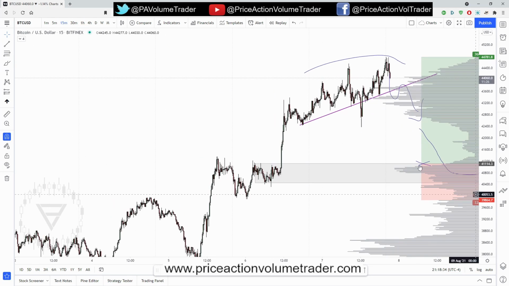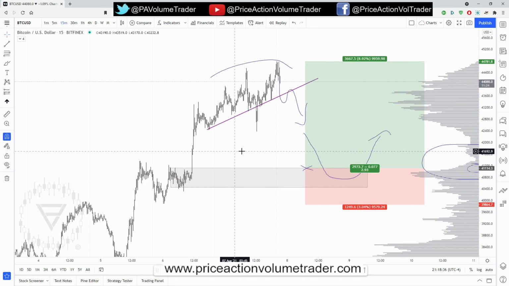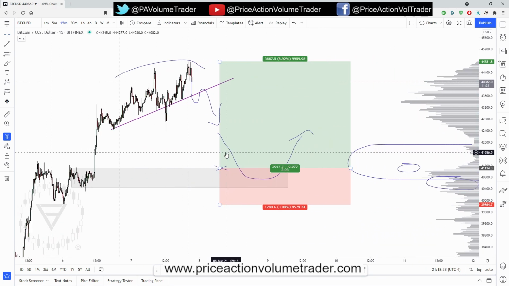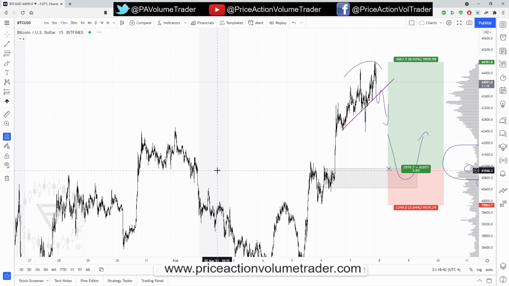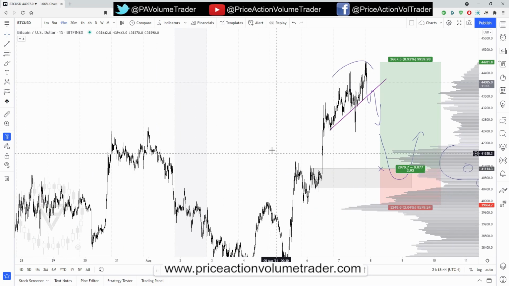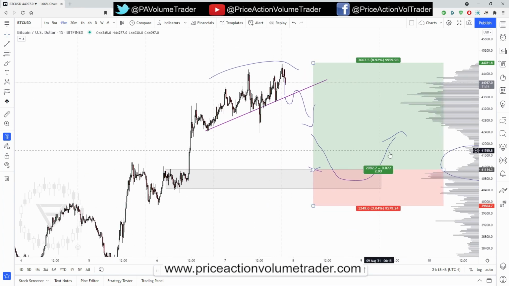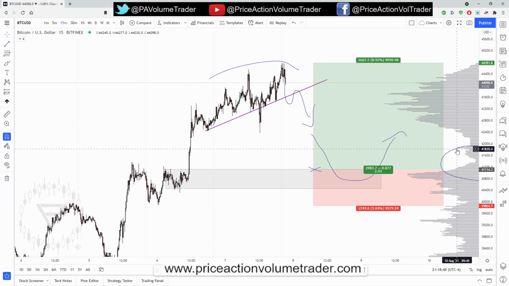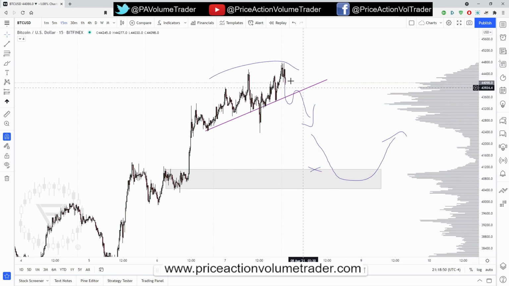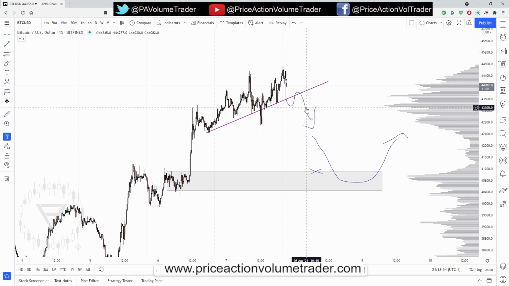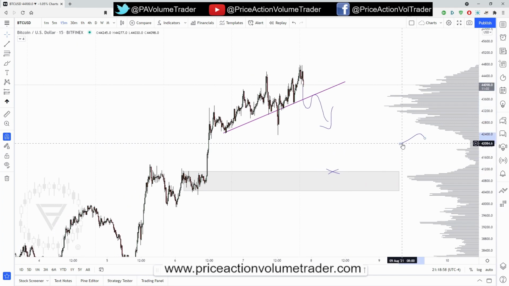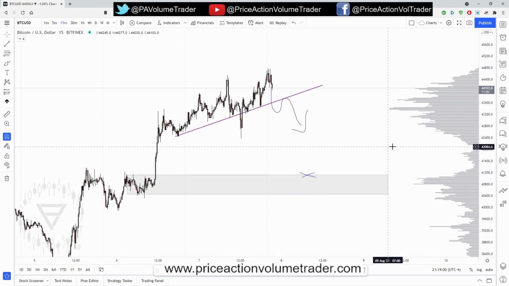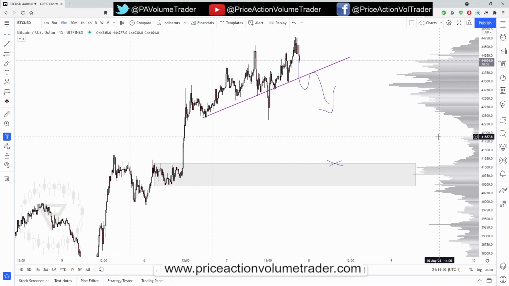Then you can also just zoom in, get more detail. Let me just zoom in here and get rid of all this. Right there. So then you can see we can just zoom in on the 15-minute chart.